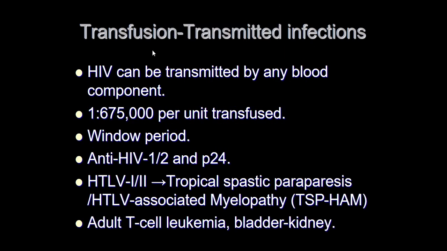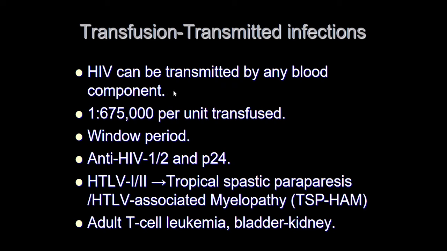What about transfusion transmitted infections, any other infections besides the ones that we have talked about? We will concentrate on the HIV. This is extremely important to monitor and to screen for HIV. HIV can be transmitted by any blood component.